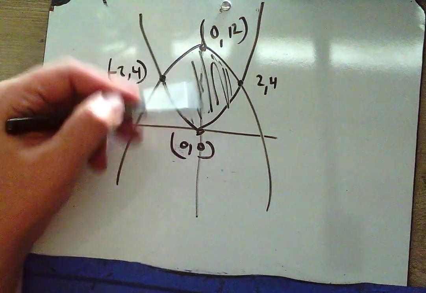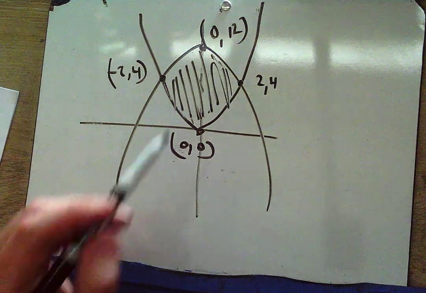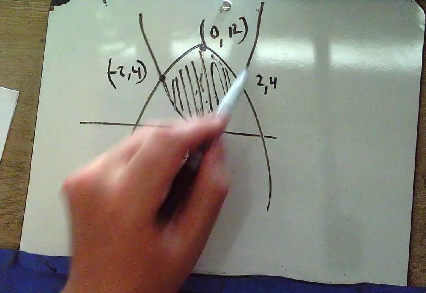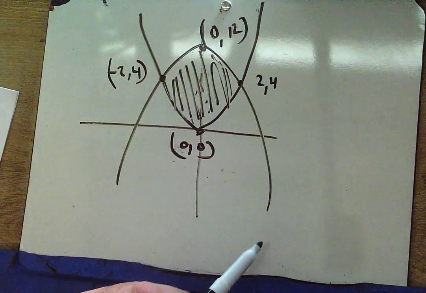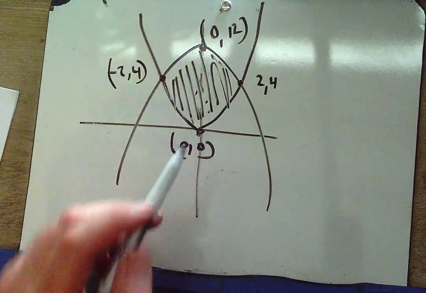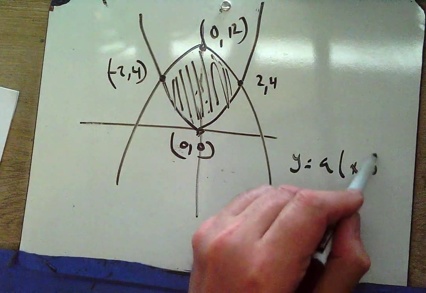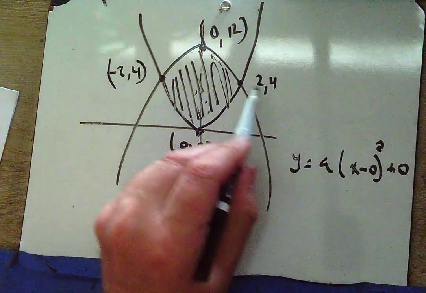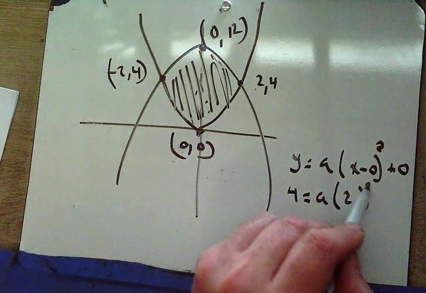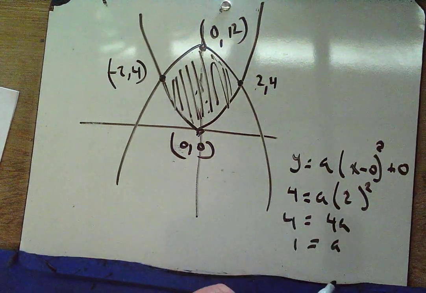So first one, we'll do shading between the two parabolas. So that shading is inside this parabola. That shading is also inside this parabola. So I'm going to be keeping that in mind. Okay, so y equals a times (x minus 0) squared plus 0 has to pass through (2, 4). a times 2 squared, 4a equals 4, so a equals 1.